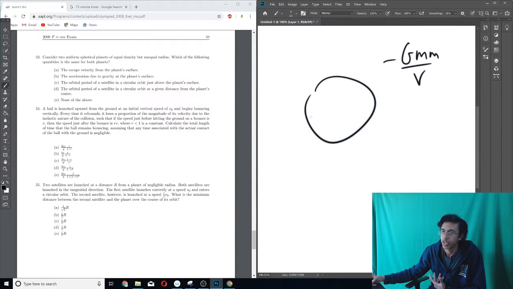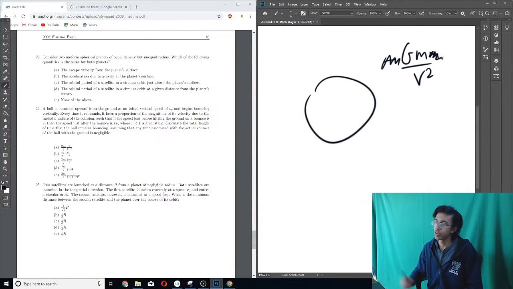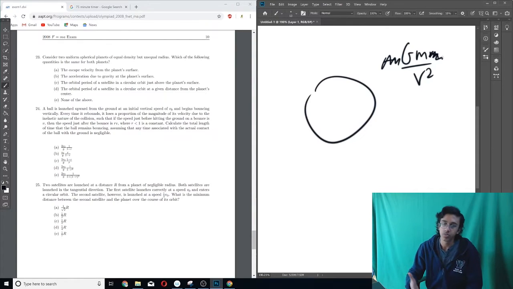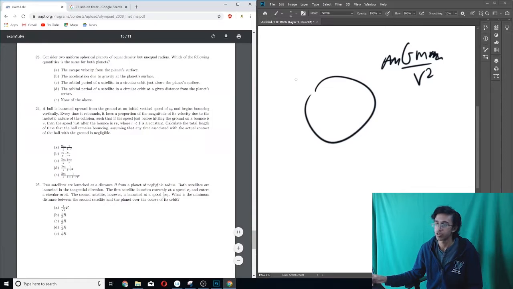But in the case where you have more r, then you have more mass, and you also have more r. But mass increases with the cube of radius, not with the single power of radius. So escape velocity is going to be different because mass increases faster than radius does. We also know that acceleration due to gravity is just GM over r squared, but M is going to increase with r cubed, so that also depends on r, so it changes with r.